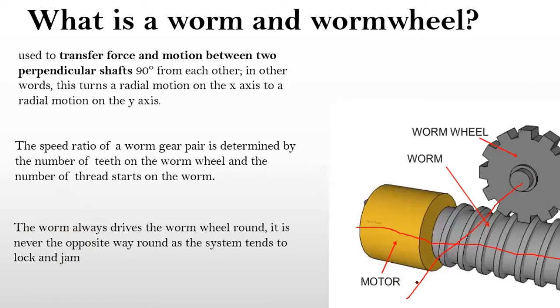You may ask, why not the bevel gear? The bevel gear also transfers the perpendicular forces and motion between perpendicular planes, and the bevel gear drive also transfers motion and forces between two perpendicular planes. So this is a similar concept, but the worm drive has some special advantages over the bevel gear drive.